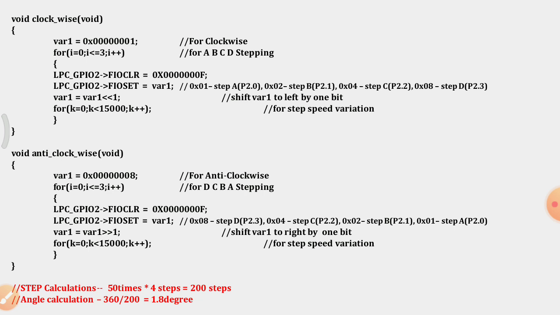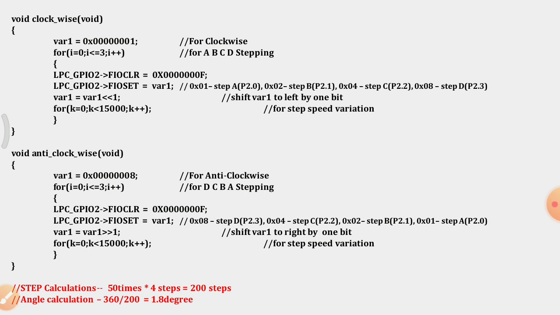First step D will be activated, P2.3, then the value of var1 is going to be shifted to the right side by 1 position. Now this 8 will become 4, that is P2.2, it means step C is activated. Then again var1 is shifted to the right side by 1 position. Now the value of var1 will become 02, it means P2.1, step B. Then again one more time var1 is right shifted by 1.